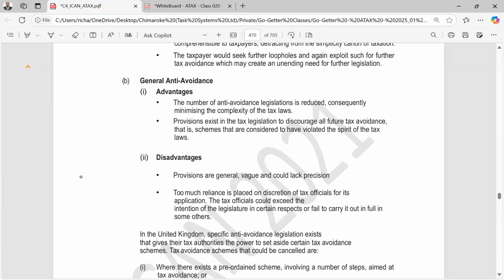It's too vague, so you need to consider individually whether certain things apply. Now, too much reliance is placed on the discretion of tax officials for the application, and the tax officials could exceed the intention of the legislation. In some cases they might not carry it out in full, in others they might carry it out in full.